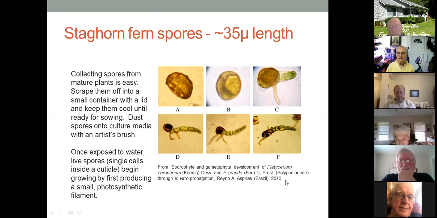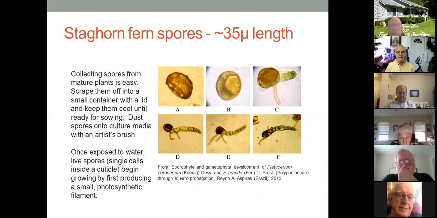And this actually is a series from Platycerium coronarium, which I'll show you later in terms of where it's native. But my point here is collecting spores from nature is easy.